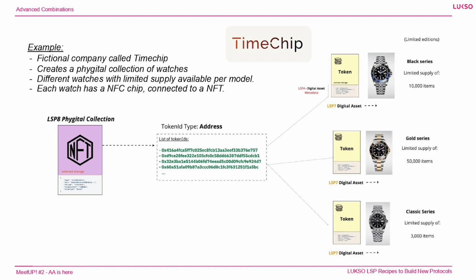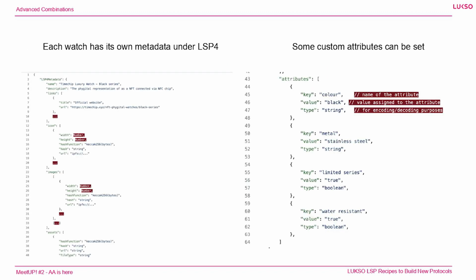For instance, for the classic series there are only 3,000 items, and for the black series and the gold series there are more items. So each NFT, each token ID, points to another contract. And finally, you can use LSP4, which is embedded into LSP7, to assign some attributes. For instance, for the watch, you can set the metal, say if it's a limited series, if it was water resistant, etc.